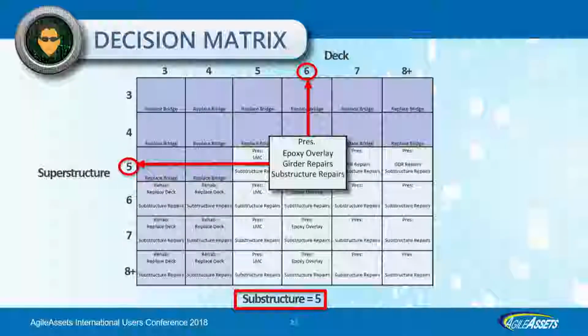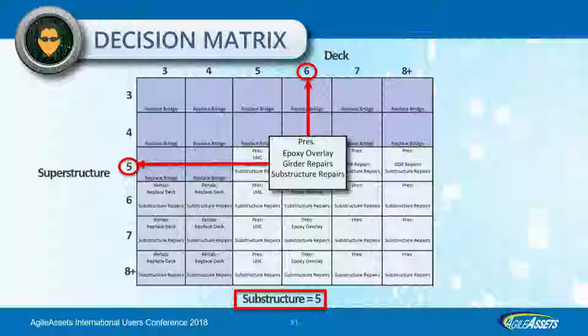In other words, if the superstructure is at a 5 and the deck is at a 6 in this case, these are going to be the recommended preservation treatments. Now, if the superstructure is in a lower condition, it might automatically say to replace the bridge. It just makes better sense for your decision-making process.